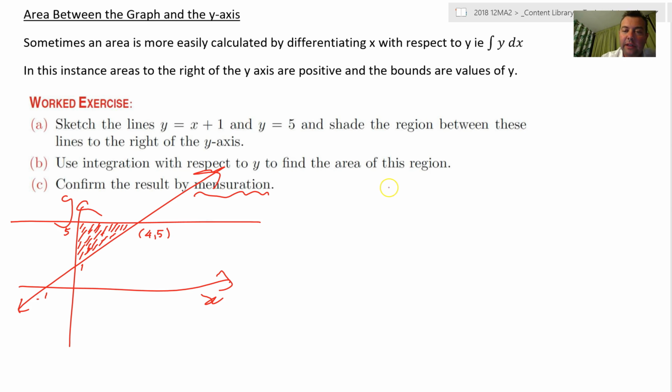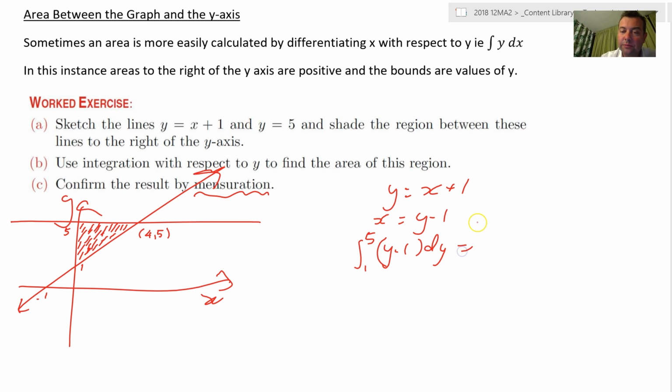And I need to write this. If y equals x plus 1, well, subtracting 1 from both sides would tell me that x equals y minus 1. Therefore, we want to calculate the definite integral from 1 to 5 of y minus 1 with respect to y.